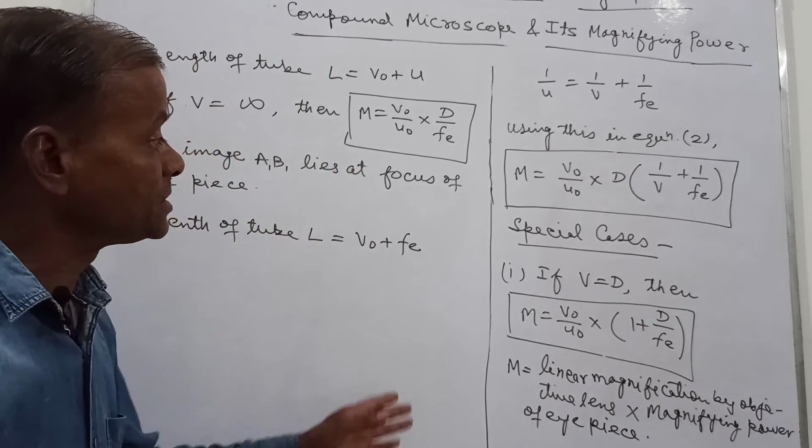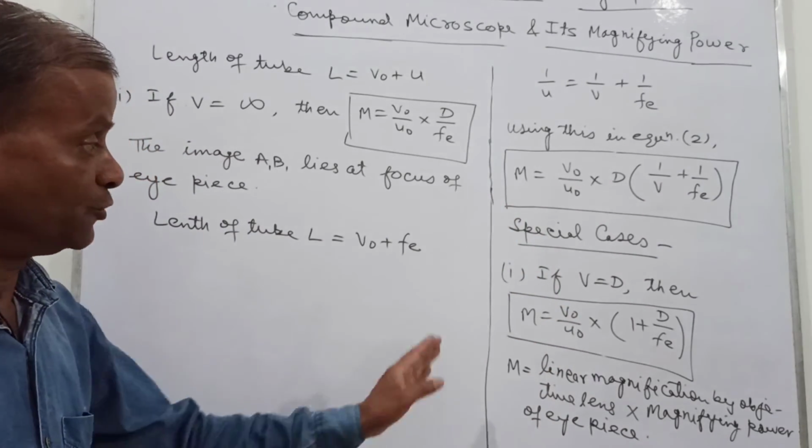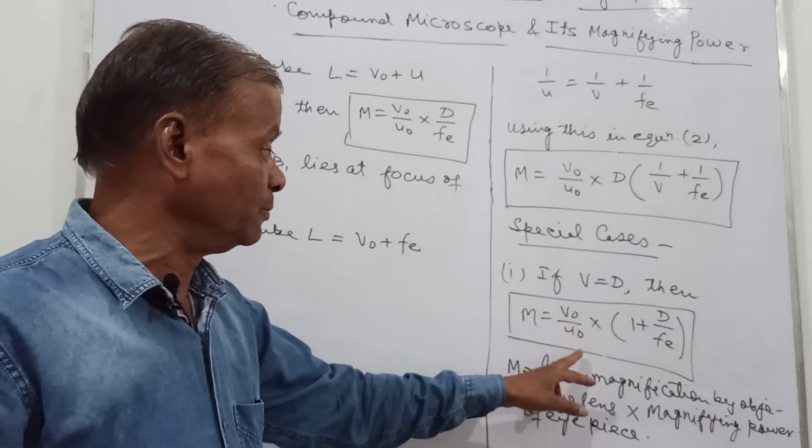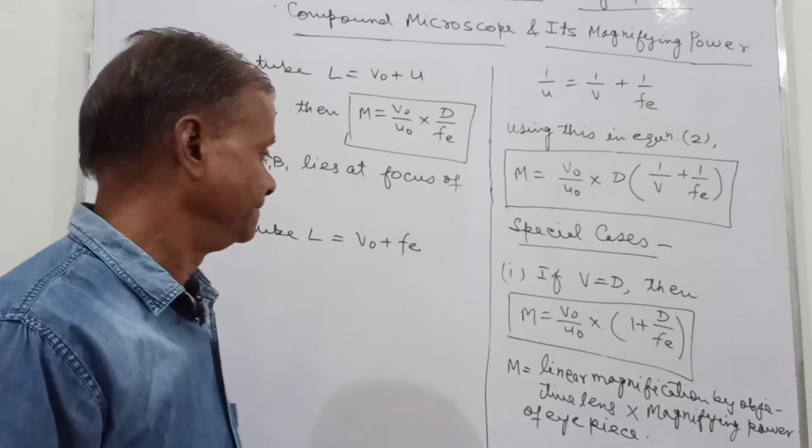So to increase the magnifying power of the lens, what should be there?